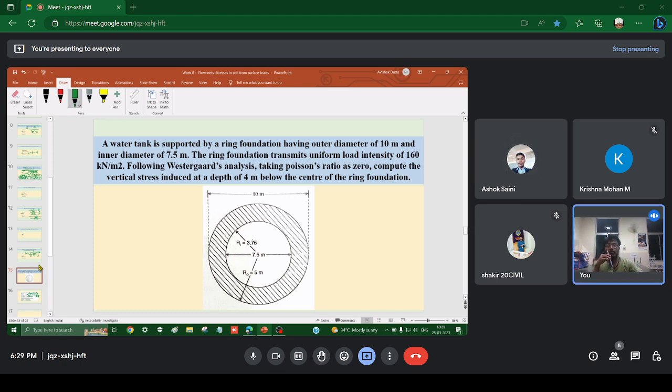But I have mentioned over here Westergaard analysis. Westergaard, not Boussinesq. Cos cube theta is which analysis? Boussinesq or Westergaard?